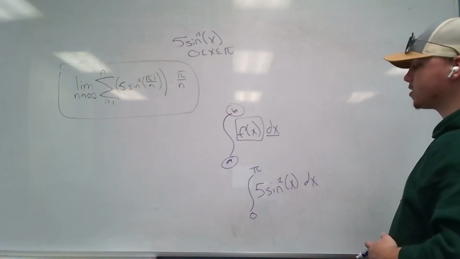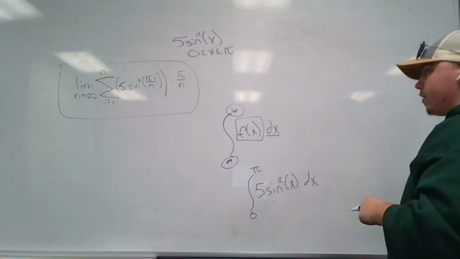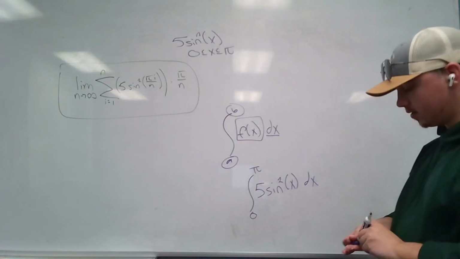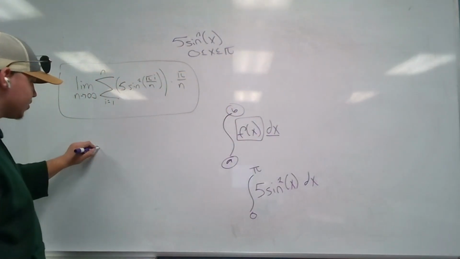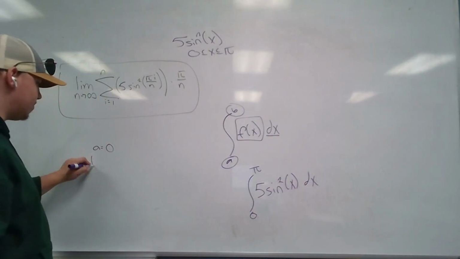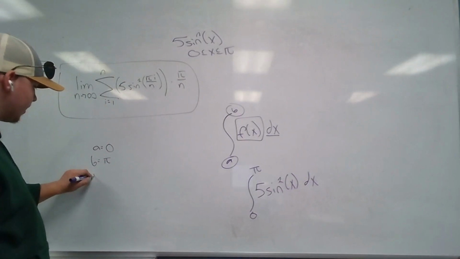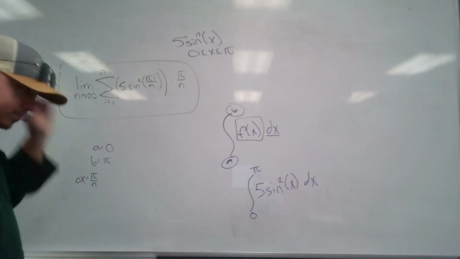But what you're going to be concerned with, especially on the exam I have coming up, is converting from this back into that. So let's break it down. From this, I know that my interval, or my a, is going to be 0, and my b is going to be pi, which means that my change in x is going to be pi over n.